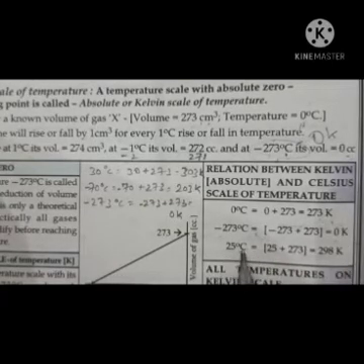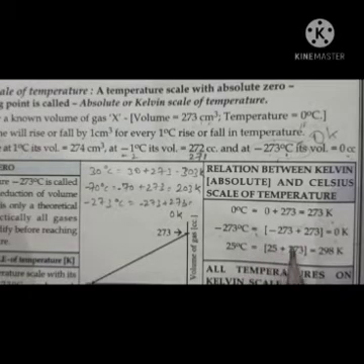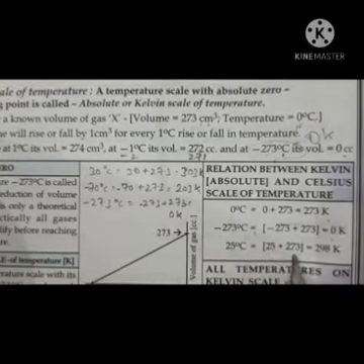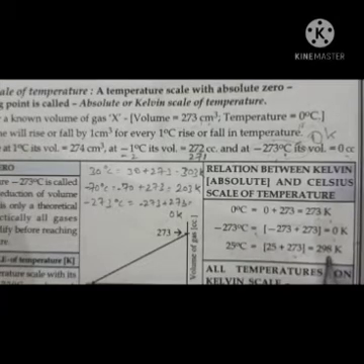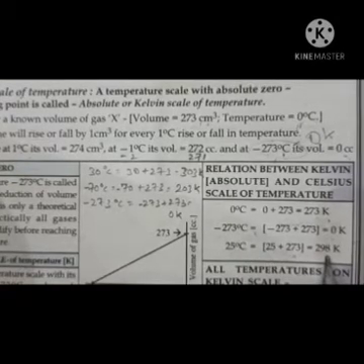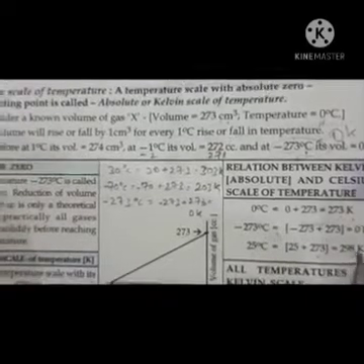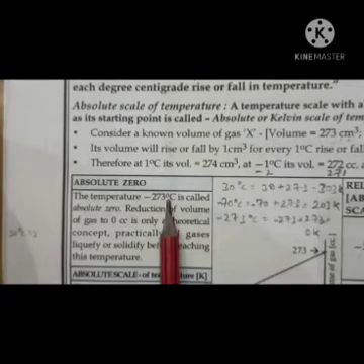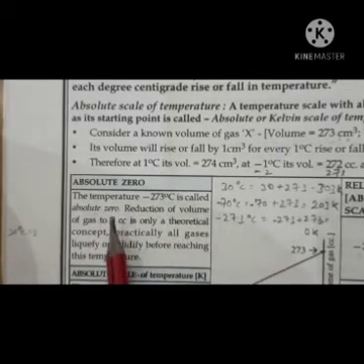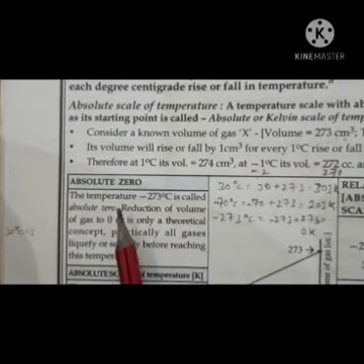If it is 25 degrees Celsius, you add 273 to the degree Celsius, and then you get the Kelvin temperature. And what is absolute zero? The temperature minus 273 degrees Celsius is called absolute zero. Why?